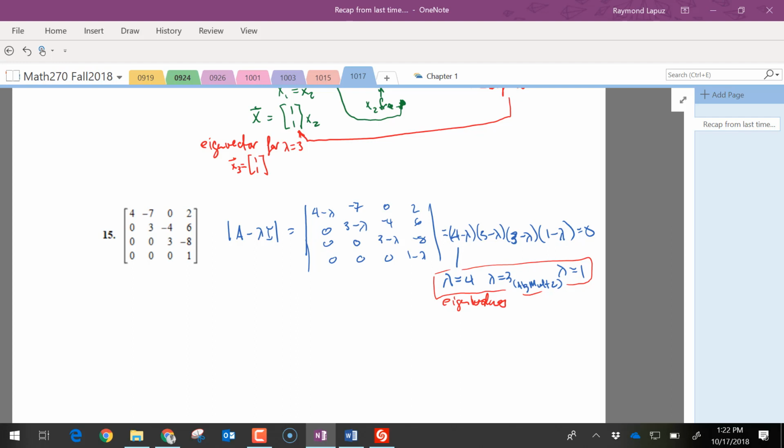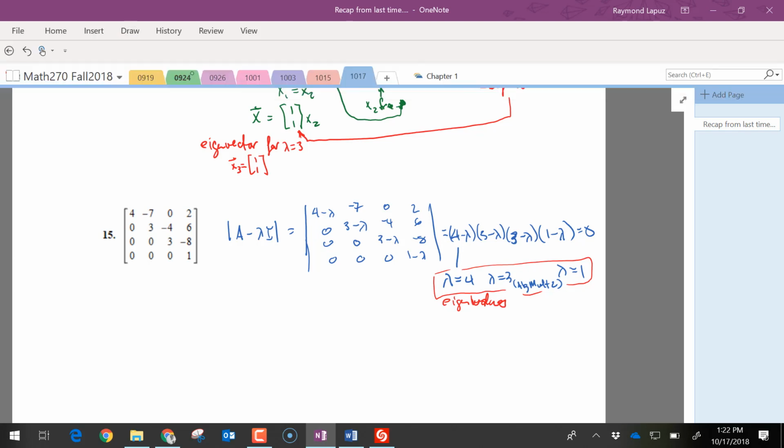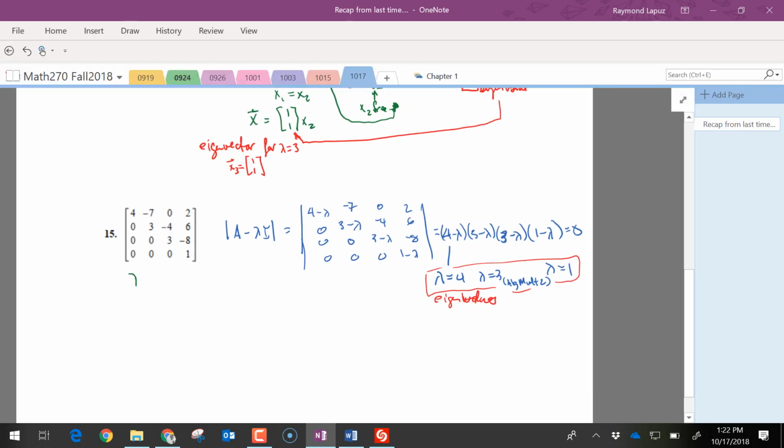All right, let's see if we can find eigenvectors for each of these eigenvalues. We have to treat each eigenvalue separately to find its eigenvector. So let's do lambda is equal to 4 first. A minus 4I, then row reduce, and then find the null space.